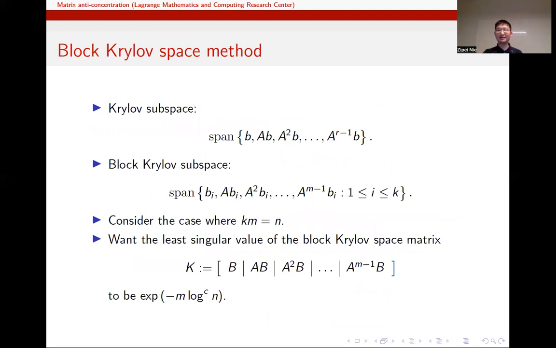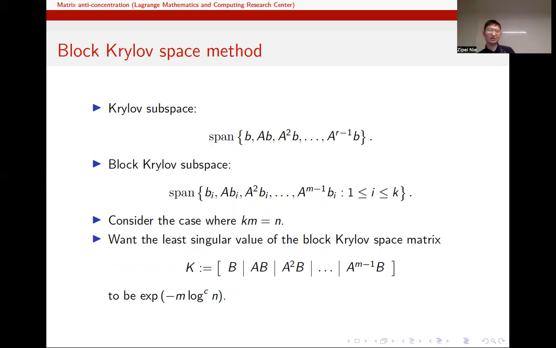To improve on the Krylov method, people also consider the block Krylov space method. Instead of taking just one vector b and multiplying by many A's, people consider k vectors in the initial step, and multiply by A at most m minus 1 times.